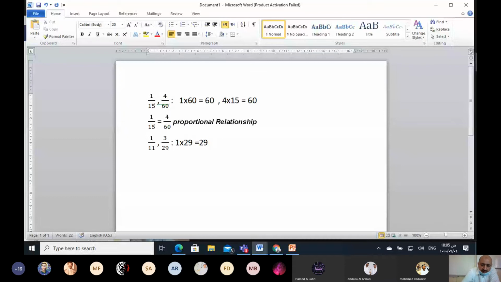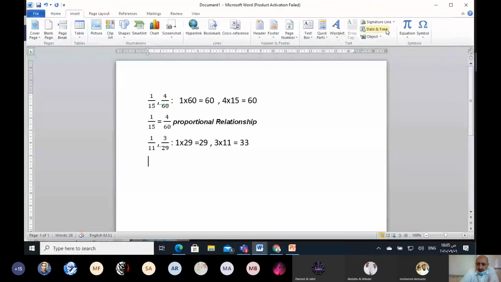Is it 3 times 11? 3 times 11 will be 33. We have 29 and here we have 33. So this is different. That means 1 over 11 is not equal to 3 over 29.